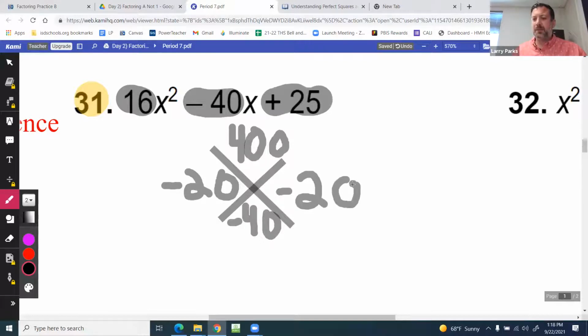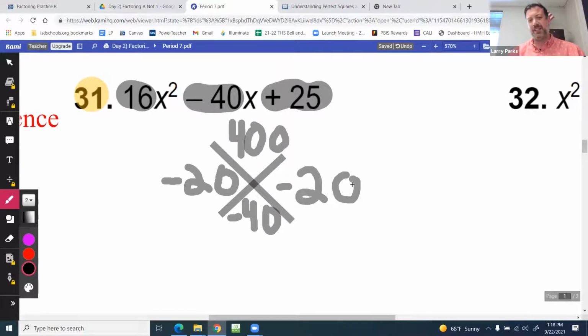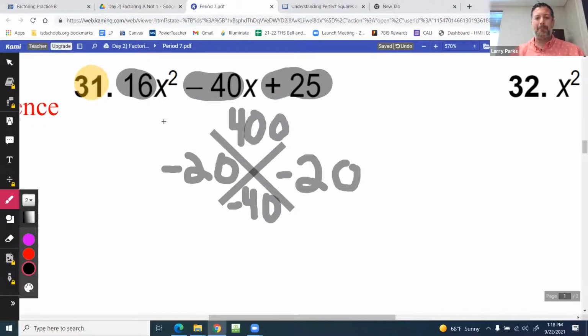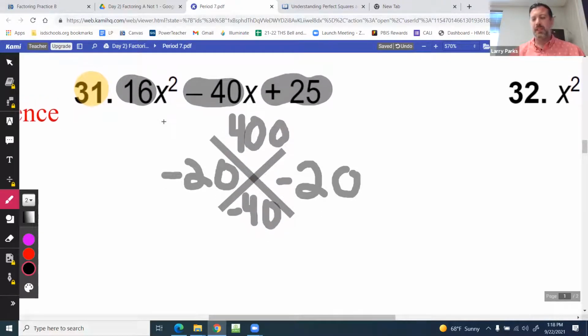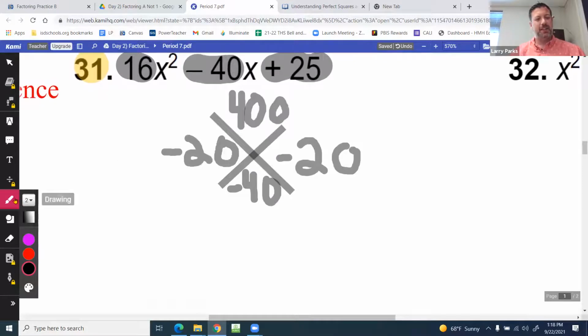Anytime you get the same number twice, your head should be going to what's called a perfect square trinomial. And so instead of finishing this, trying to decide if I want to show you the shortcut or not. It's probably easier. So what you would normally do, and you can't do this in all of them, you would go x minus 20, x minus 20.